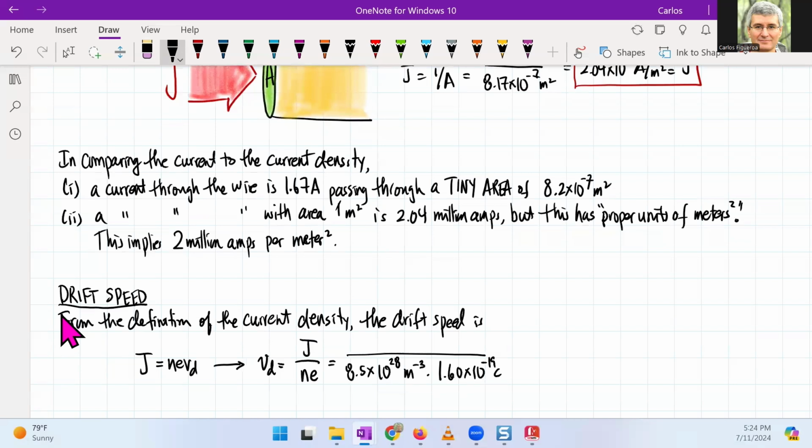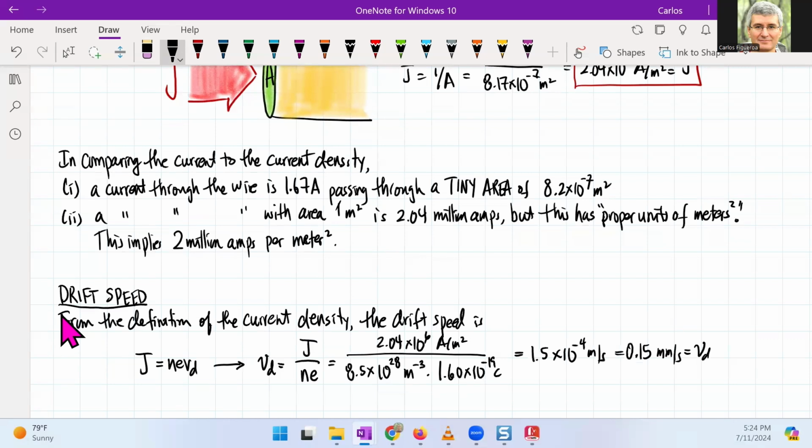And then we go into the current density, which is large, which then gives us a value of 1.5 times 10 to the minus 4 meters per second, or 0.15 millimeters per second.